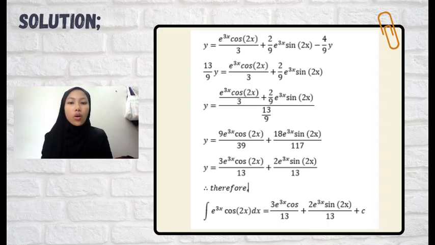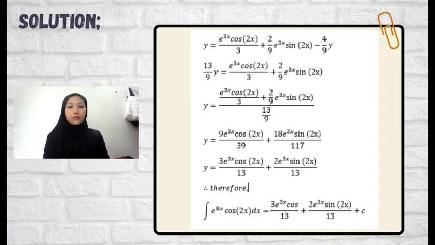We want y only as the subject, so the remaining terms are divided by 13 over 9, and we get y equal to 3 e to the power of 3x cos 2x divided by 13 plus 2 e to the power of 3x sine 2x divided by 13 after we simplify it.